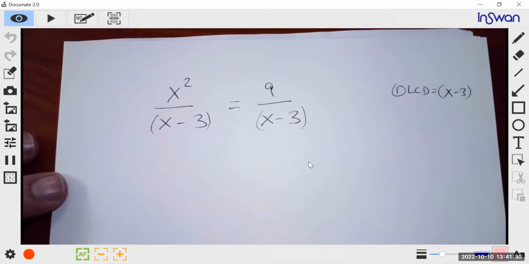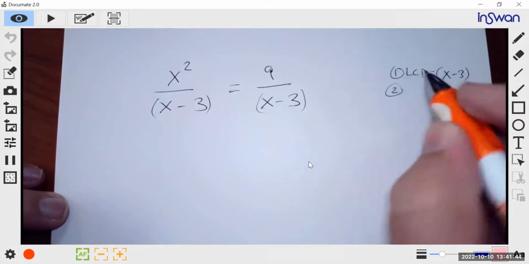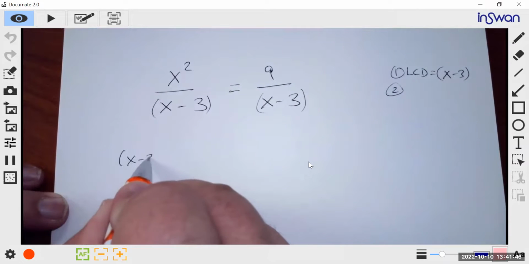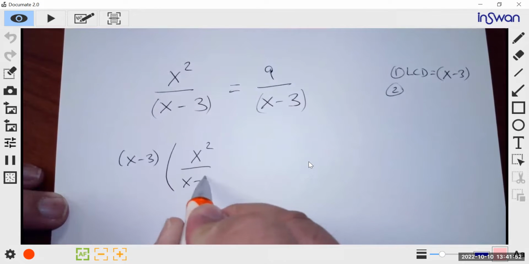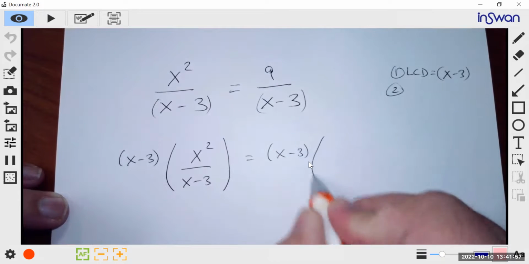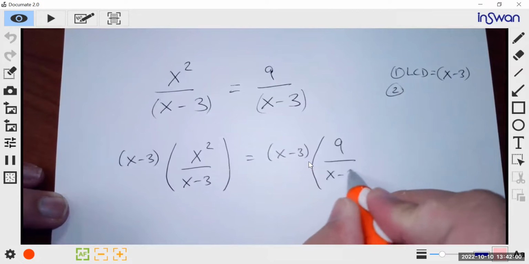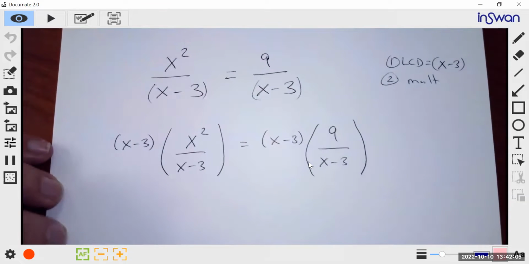The X minus 3, it's an equation. The LCD can be an equation, it could be a number, it could be a letter. So in this case now, since my LCD is that equation, I multiply it to both sides. I found the LCD, which is X minus 3.